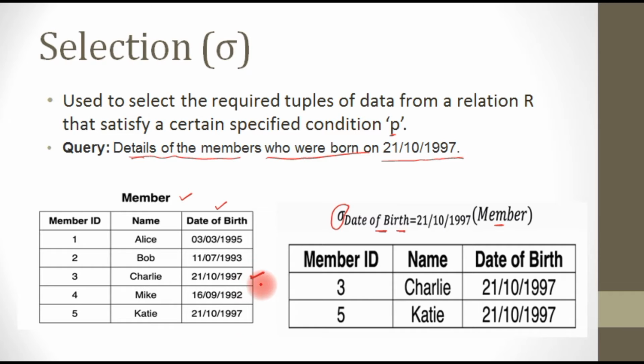We have two entries for this, so we have two tuples with date of birth 21st October 1997. It will give two tuples. Can you see here that this operation gives you two tuples where date of birth is 21st October 1997.